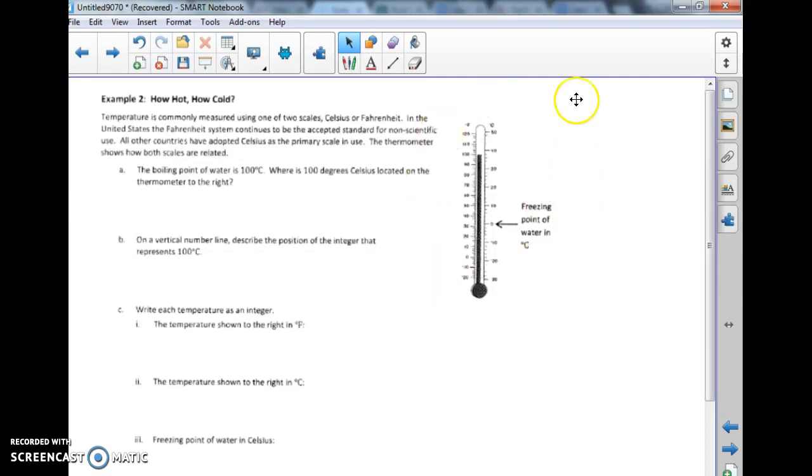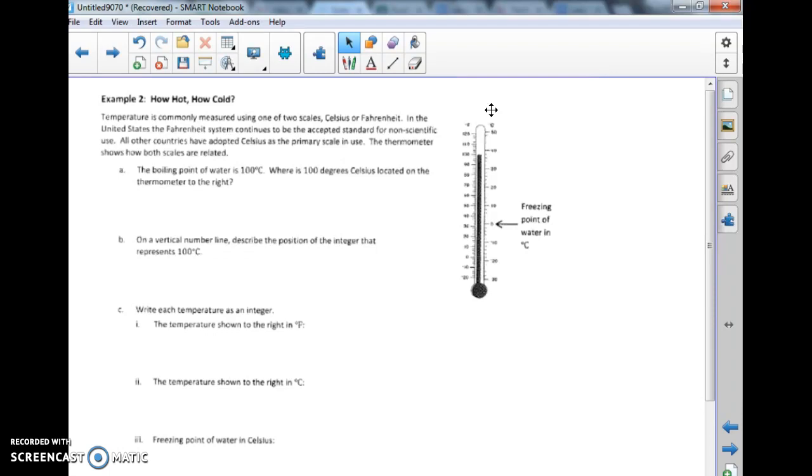So if we look over here, we need to make sure that we're paying attention to details. Notice that there's a C above here. That tells me that this side is the Celsius measurement, and this is the Fahrenheit number line. So it's kind of like a double number line, but you have to be careful that you're looking at those details. If it's asking you for Fahrenheit, you would go here. Celsius, you would go here. They ask you, the boiling point of water is 100 degrees Celsius.